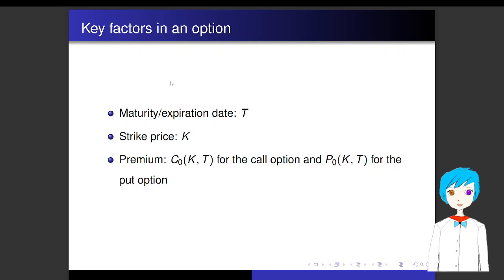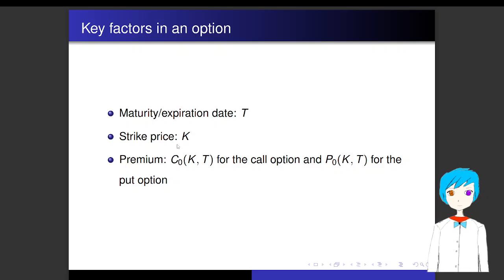So the three key factors in an option is the maturity or expiration date, which is usually denoted by capital T, then the strike price at which the option will be exercised, the predetermined strike price, then the premium, because the option gives the holder the right to do something, then he will pay a cost for having the right, which is called the premium.